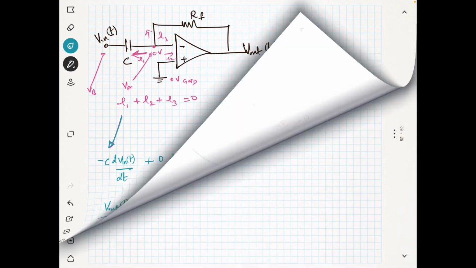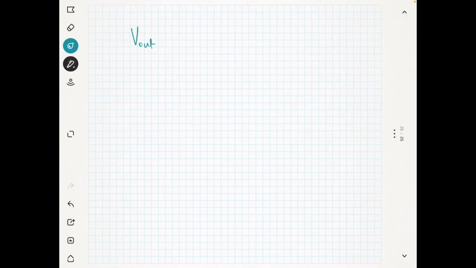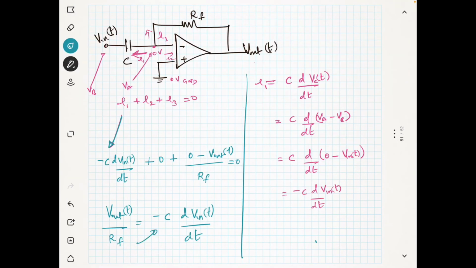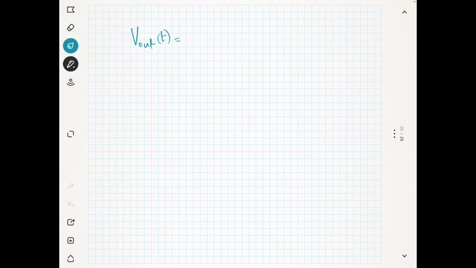Okay, so I can write my V out as V out of t is equal to, you can just move this RF here, so you will get minus RF into C, that is the time constant anyway, into d by dt of V in of t. So you can see that now I have told about a constant. Now your constant is depending upon R and C. What is that constant?